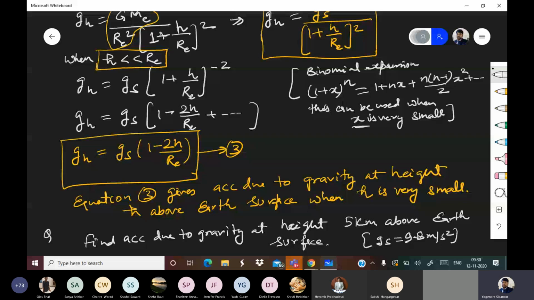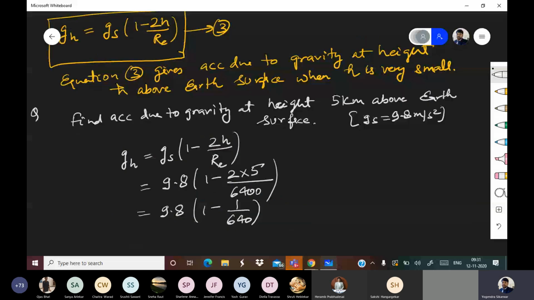That will be 9.8 into 640 minus 1 upon 640, so this will be 639 upon 640.